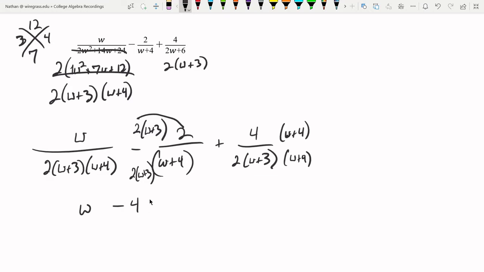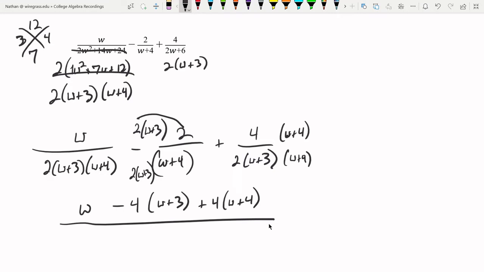So it's going to be negative 4 times w plus 3. And this last one is positive 4 times w plus 4. I've combined this all into one fraction because they all have the same denominator. 2 times w plus 3 times w plus 4. At this point, we can see that w cannot equal -3 or -4.